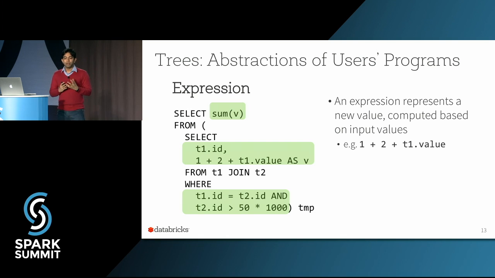An expression represents a new value that's computed based on some input values. So in this case, sum of v is an expression because it's computed using v. Similarly, 1 plus 2 plus t1.value is an expression because it's computed using t1.value. Just intuitively, an expression is used to generate new columns or attributes from older or input attributes.